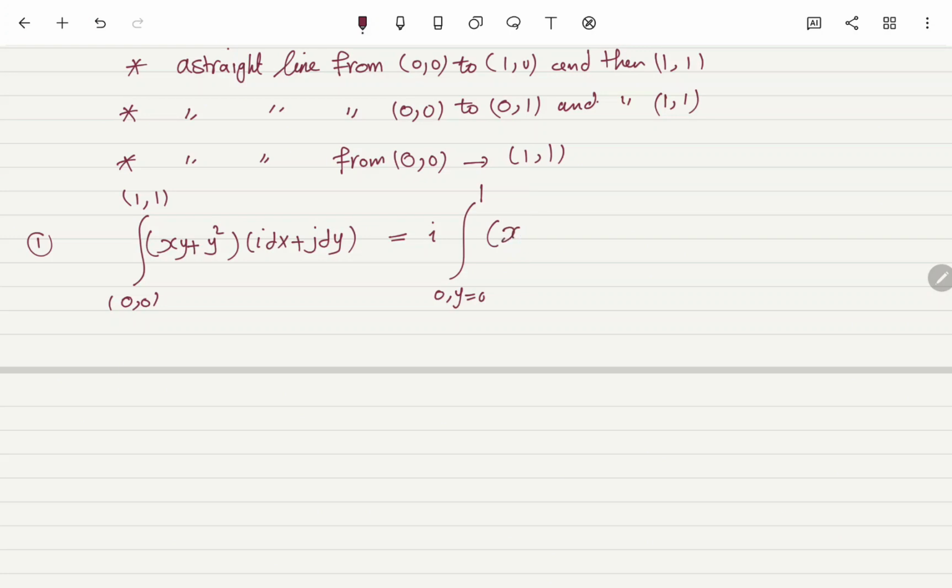The function is xy plus y square dx, plus the second part of the integral, j hat from x equal to 1, xy plus y square dy.